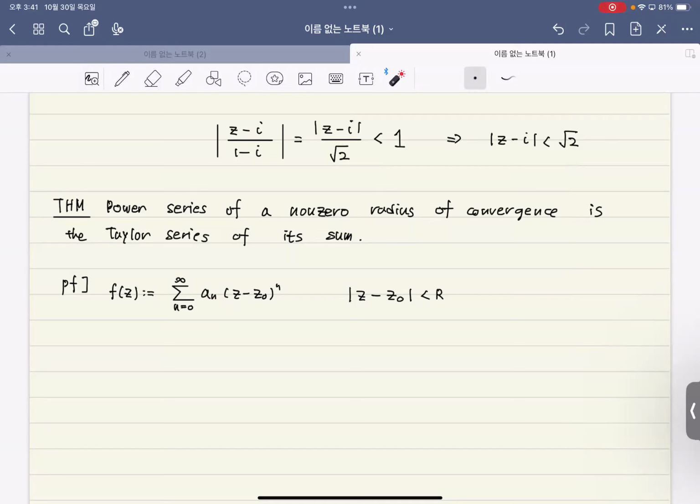Please allow me to take advantage of the theorem that we used in my previous lecture. I hope you remember this. Last time we had this theorem.